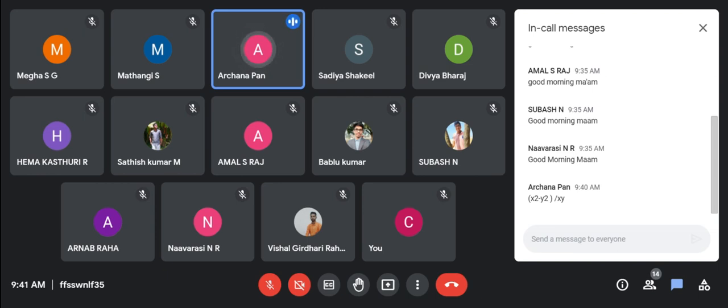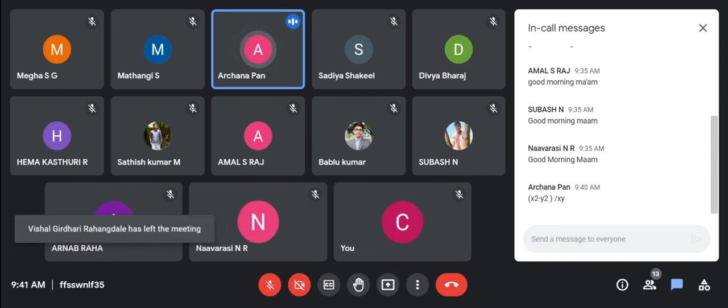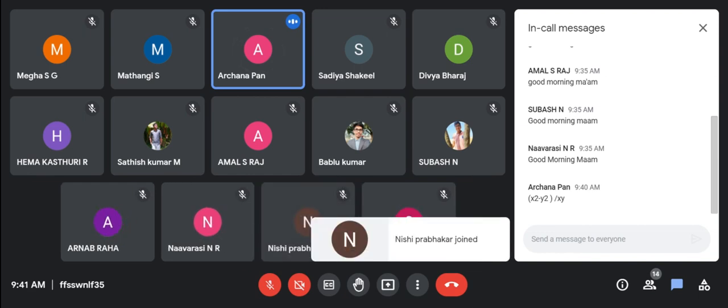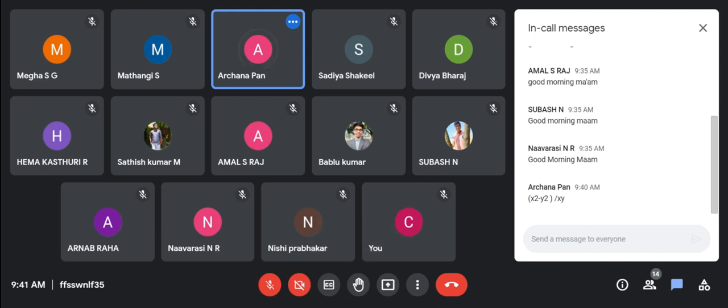Then linear differential equation. If the equation is in the form of dy/dx plus what? Can you tell me? Linear equation. Bablu, tell me. What is the meaning of a linear equation?